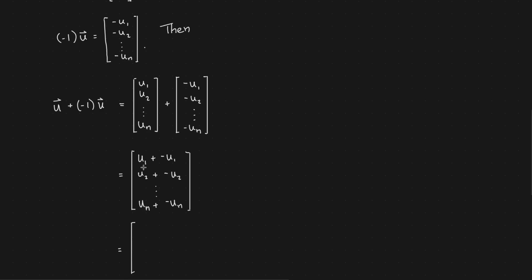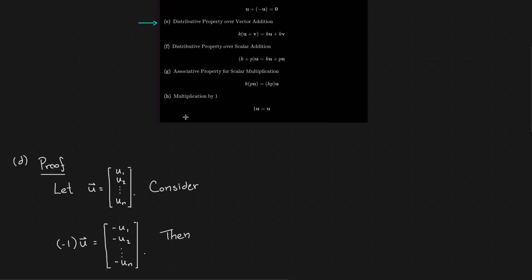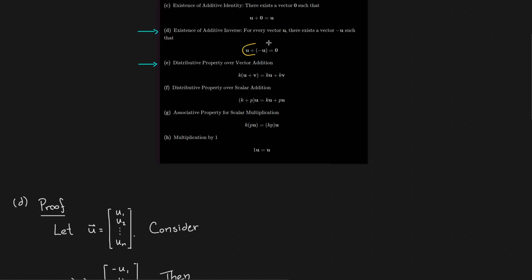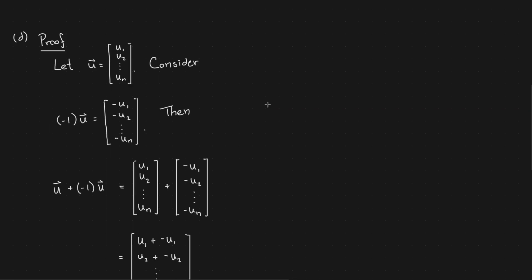If I take a number and I add its negative, I get 0. Okay, notice I can't say that about this, not without proving it, because these aren't numbers being added together, these are vectors. So I need to show there's something that I can add to the original vector that I get the 0 vector. But with numbers, I know it works.